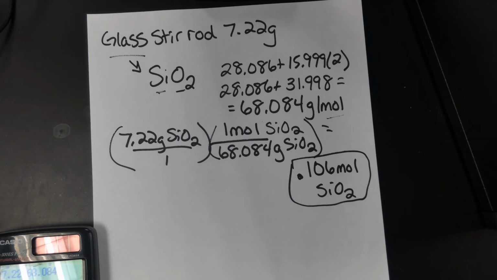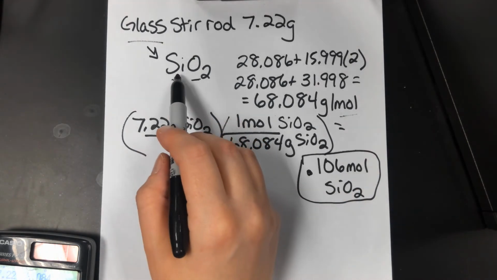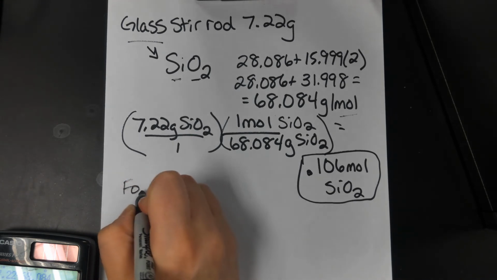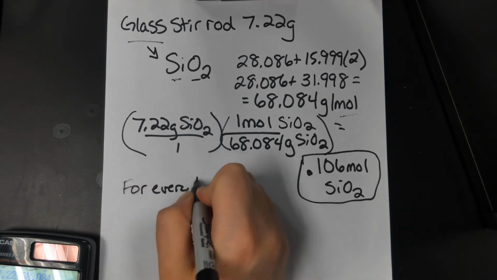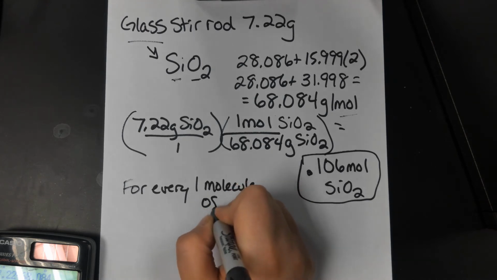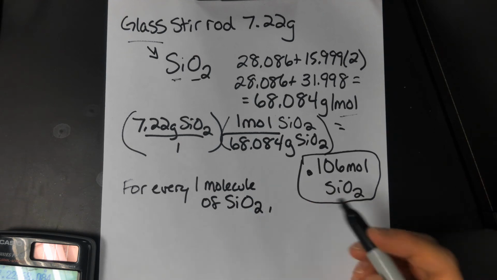Now, they ask me for the moles of each element. Here's the tricky part. We have to know that if I have a mole of silicon dioxide, for every 1 molecule of silicon dioxide, how many atoms of Si do I have?